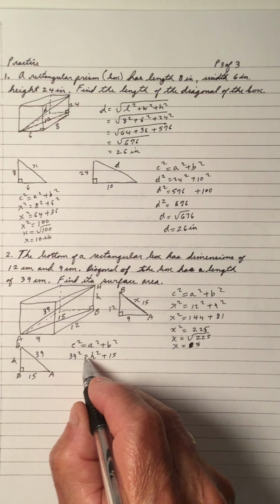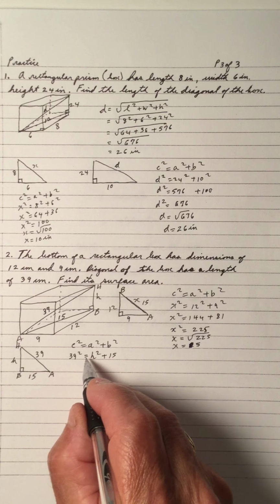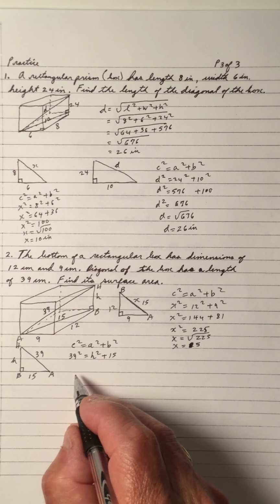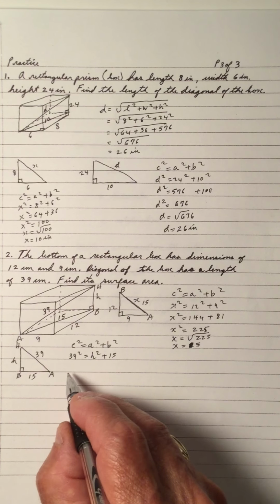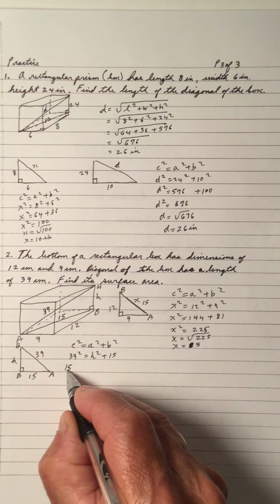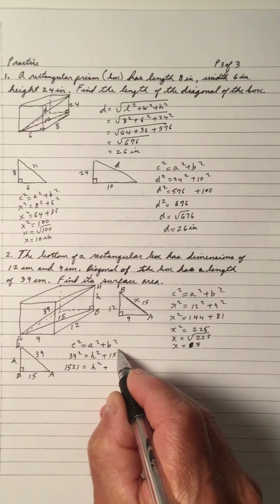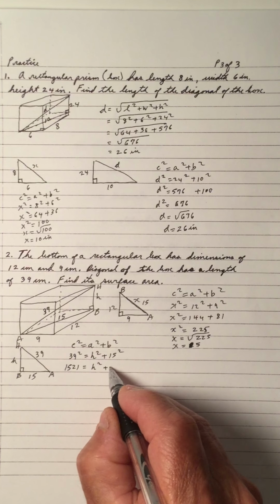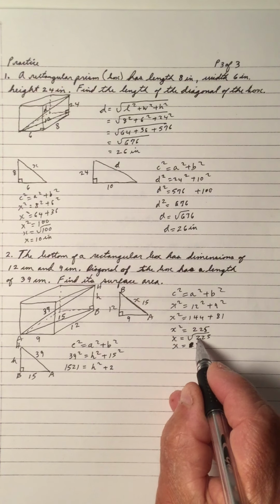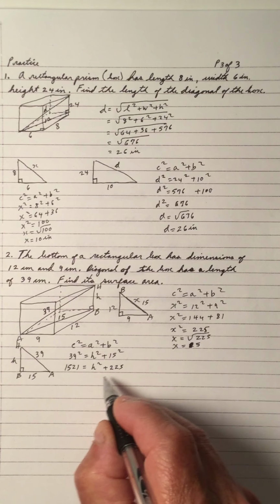So 39 squared is 1521 on the calculator. H squared plus 15 squared, which is 225.